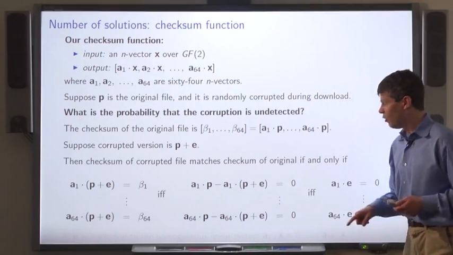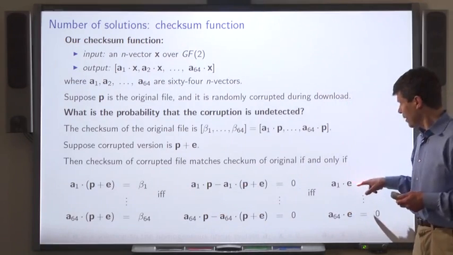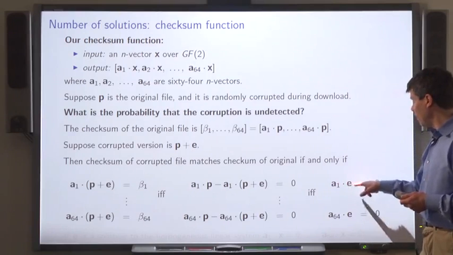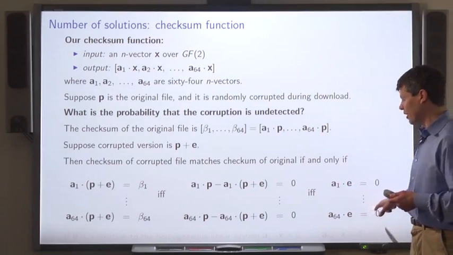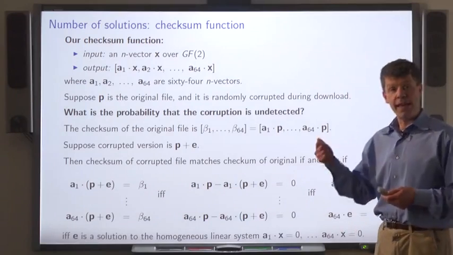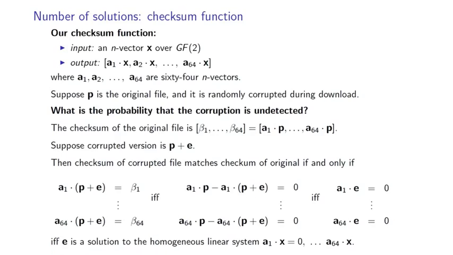And that's true if and only if the error vector satisfies these equations, a1.e equals 0 through a64.e equals 0. In other words, if e is a solution to the homogeneous linear system, a1.x equals 0 through a64.x equals 0.